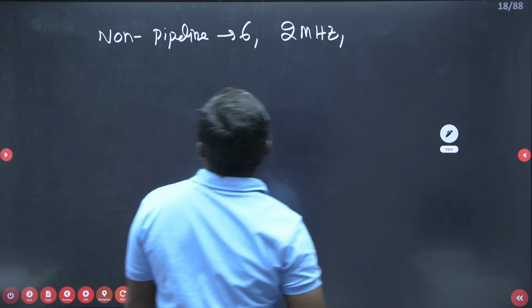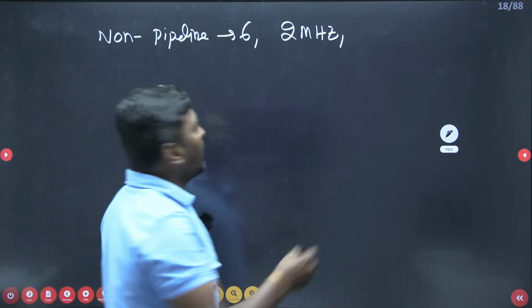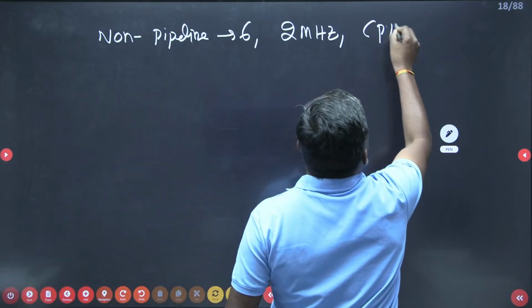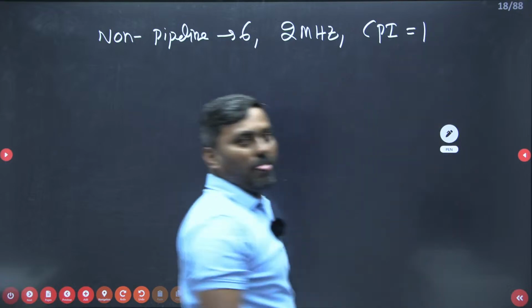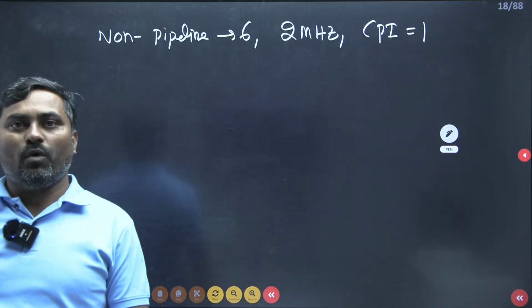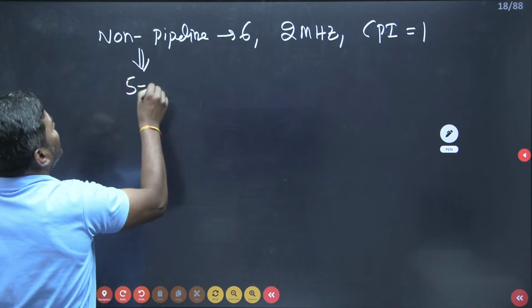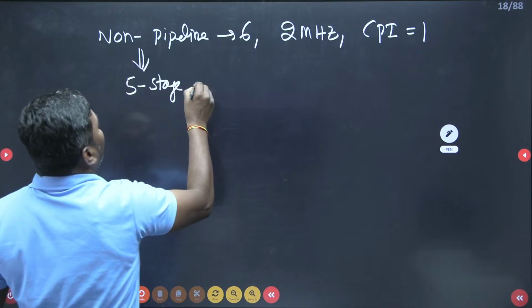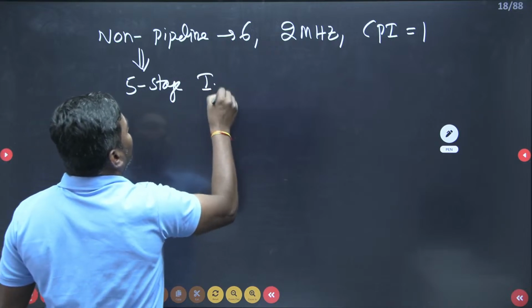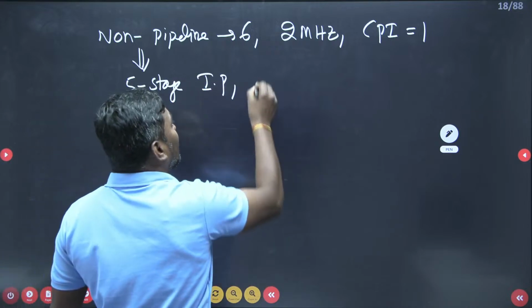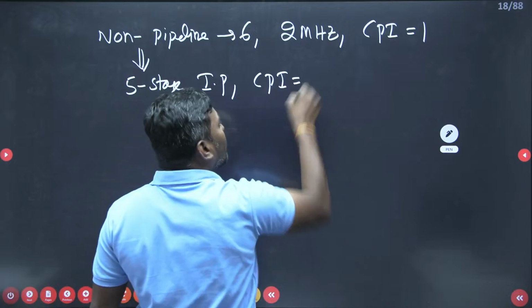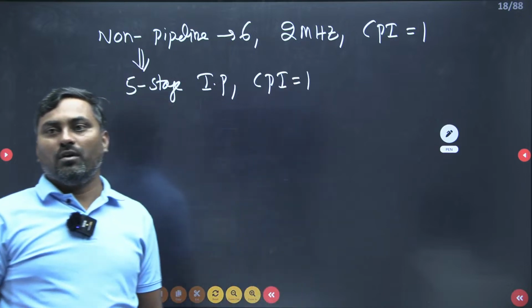Clock per instruction in the non-pipelined design is given as 1. This is upgraded into a 5-stage instruction pipeline, and they mention clearly that the clock per instruction is again 1 only.